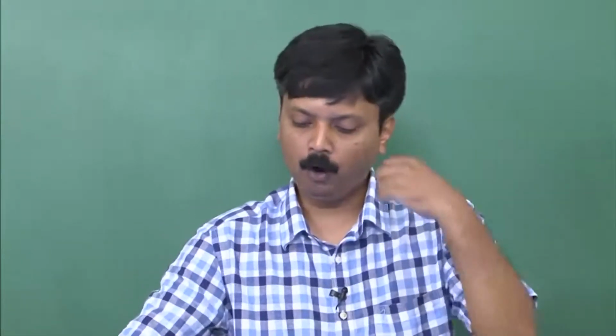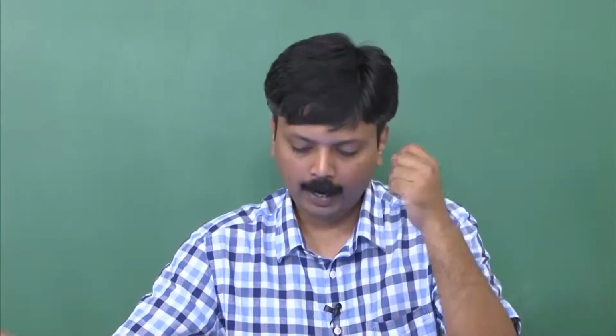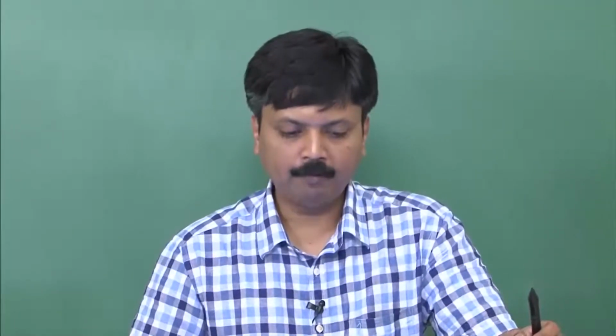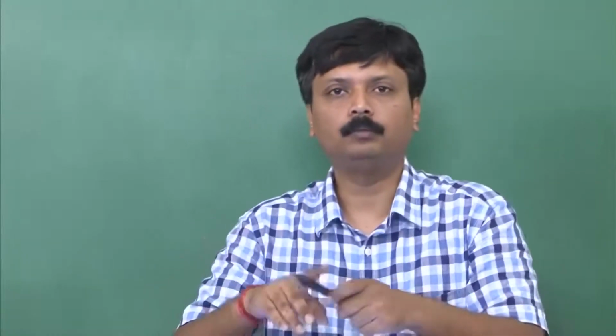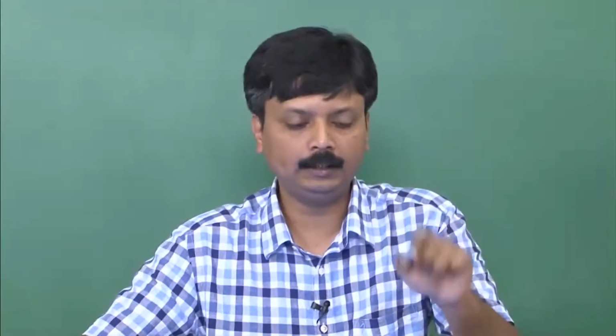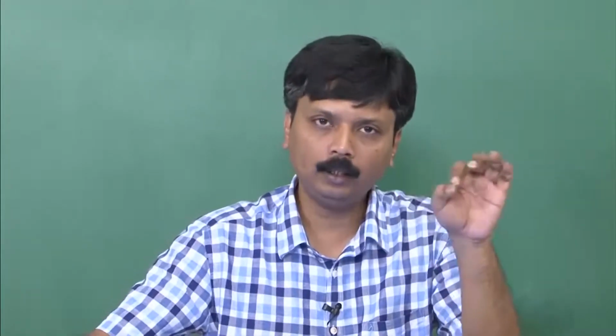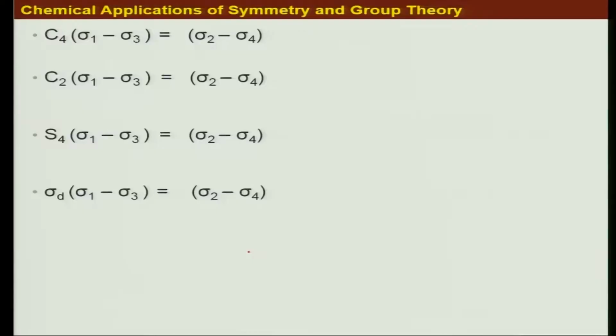So I need to find out the other function which will be orthogonal to this existing sigma 1 minus sigma 3 and jointly form the basis for Eu. So we have to operate the remaining operations, and thereby we can find the other function. So we take that first SALC, sigma 1 minus sigma 3, and operate the rest of the symmetry operations, which do not give back sigma 1 minus sigma 3 either multiplied by plus 1 or minus 1, but something else.